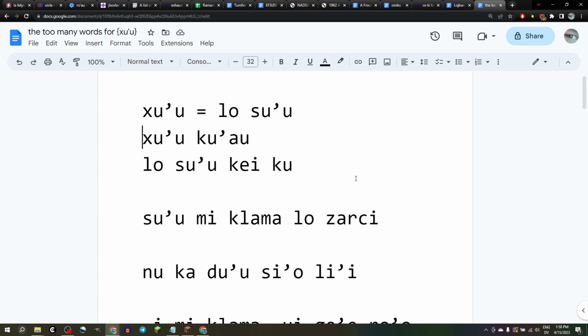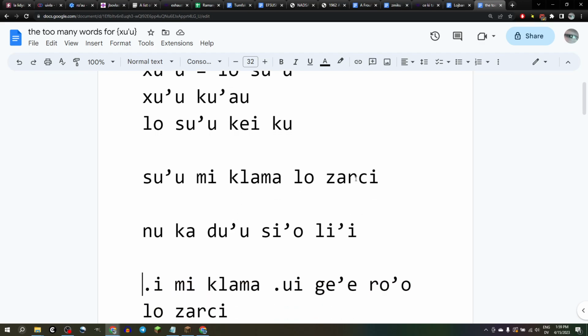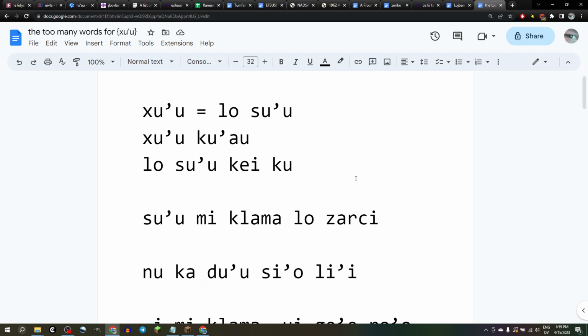But the existence of xu'u and the fact that it makes things more convenient and smoother in general, because of the way I was thinking and feeling about Lojban, xu'u just sat there for a long time, just because we had a hevla for everything, so we had xu'u.